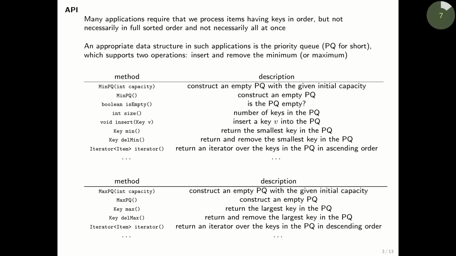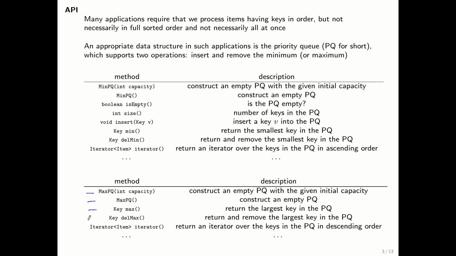Here's the API for the max PQ data structure. Here you can construct a max PQ with a given capacity. This builds an empty PQ with the given capacity. You can use this constructor to construct an empty PQ. You can use this method to access the largest key in the priority queue.